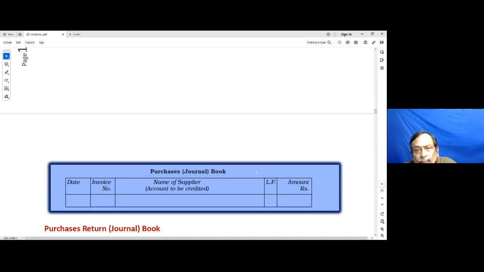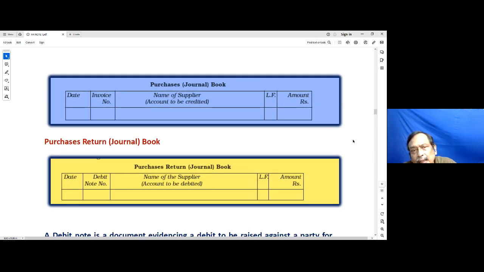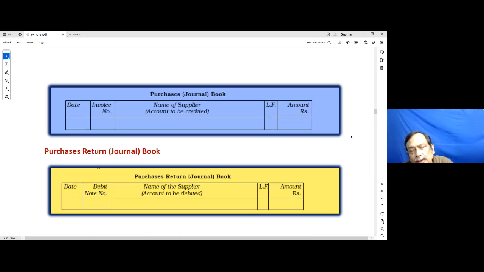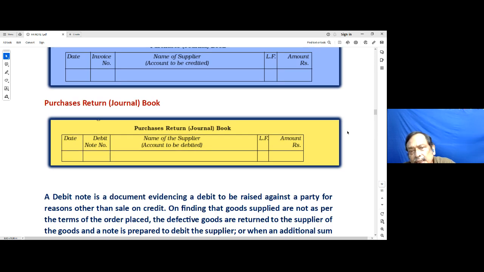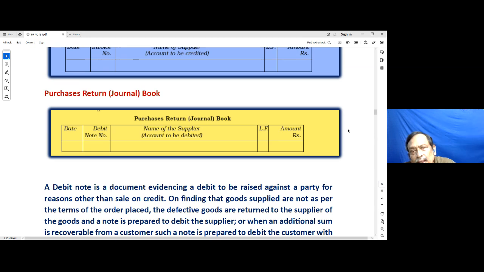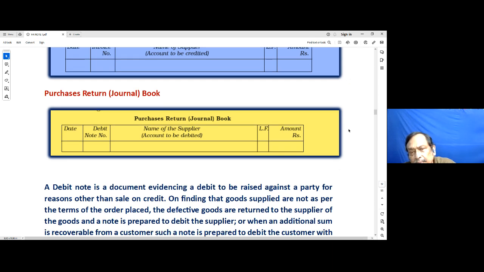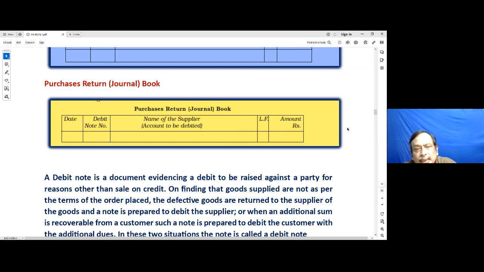Now, I have already told you there is a purchase journal book where all the credit purchases are actually being recorded. Then there is the purchase return journal book, that is when returns are actually being made for the purchases, then it is recorded in the purchase return book.